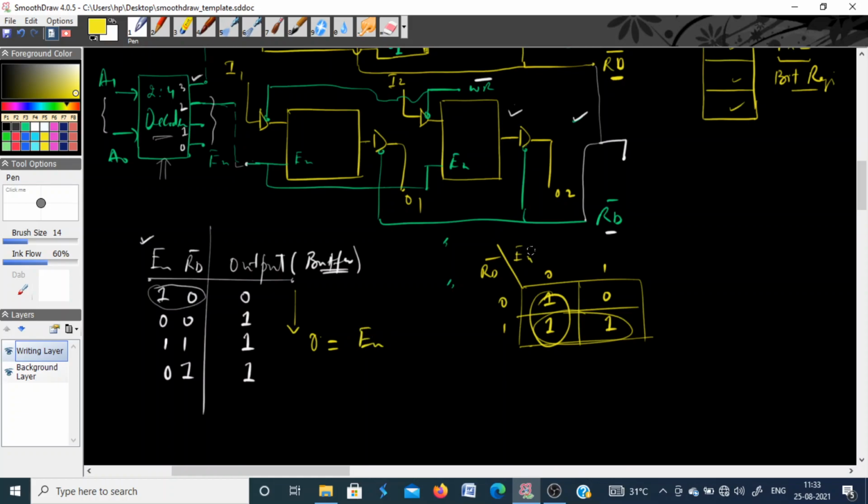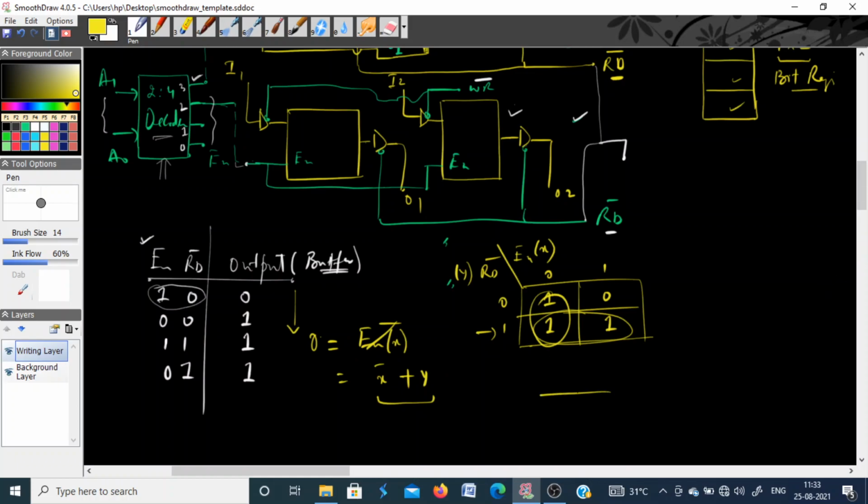If I write enable as signal x and read denoted with y, so it is x bar plus y. Okay, this is my combinational circuit now.